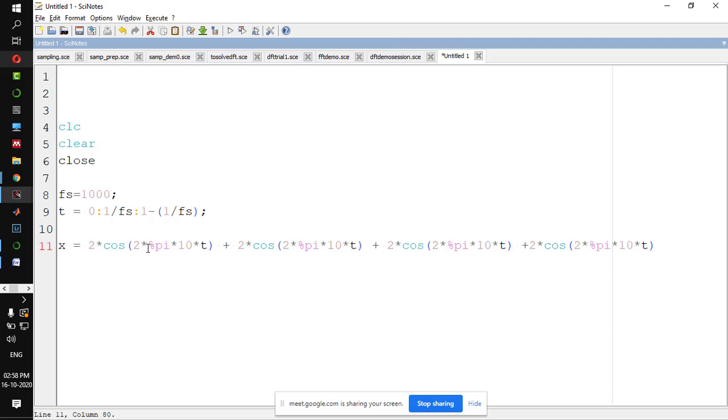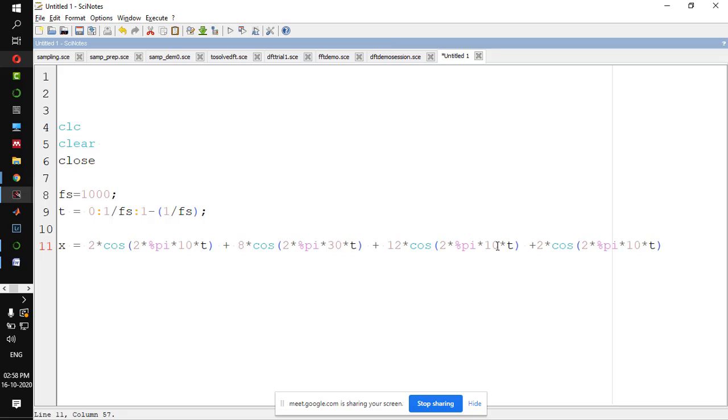The first signal is 2 cos, its amplitude is 2 volts and its frequency is 10 hertz. The second has amplitude 8 and frequency, let me take 30 hertz. And let me call this one 12.